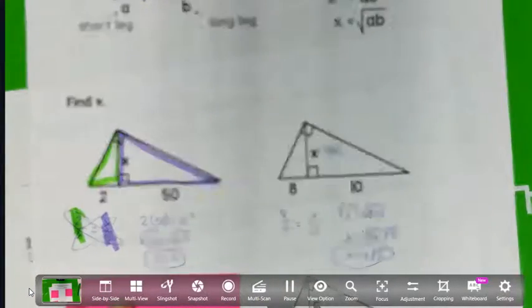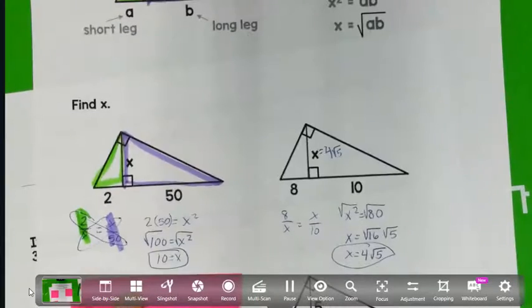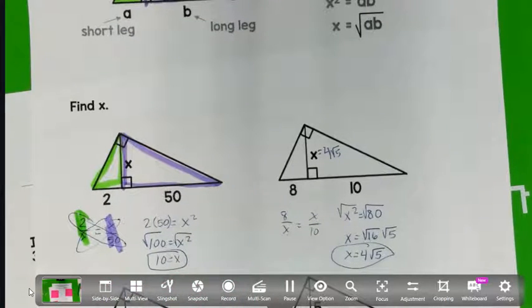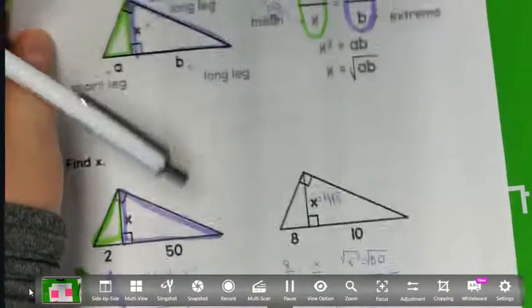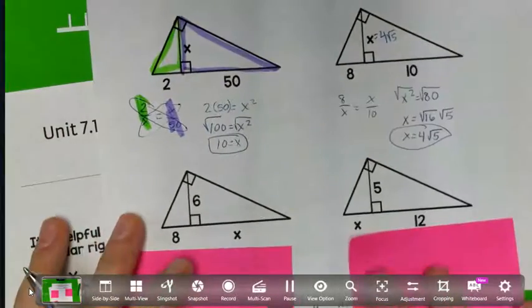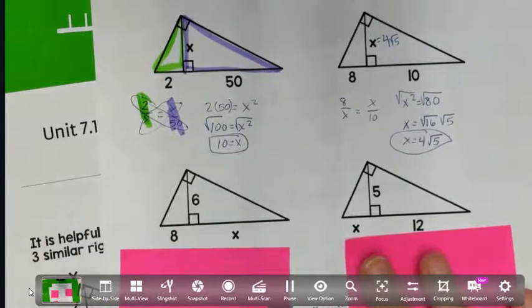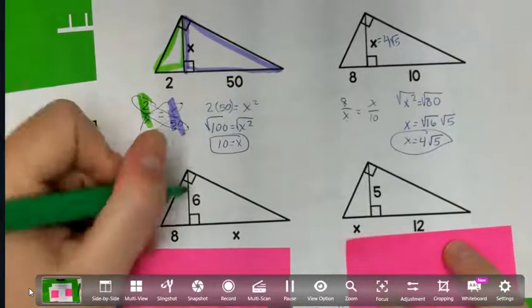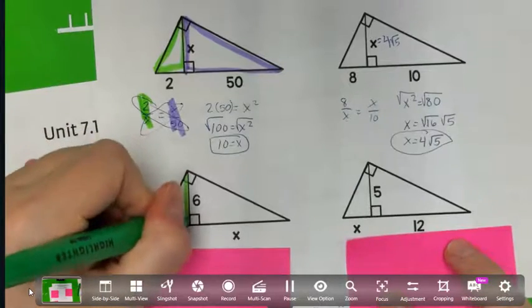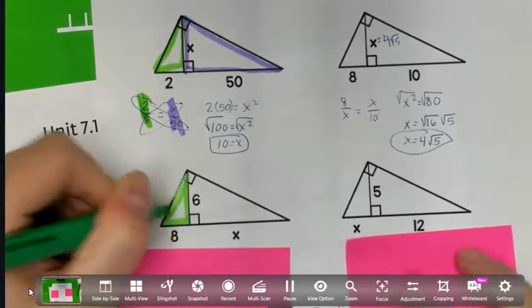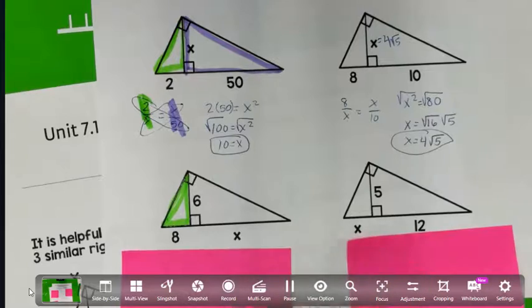Okay? Moving right along. Same idea here. We have our 2 triangles. Our green, and we have our purple.